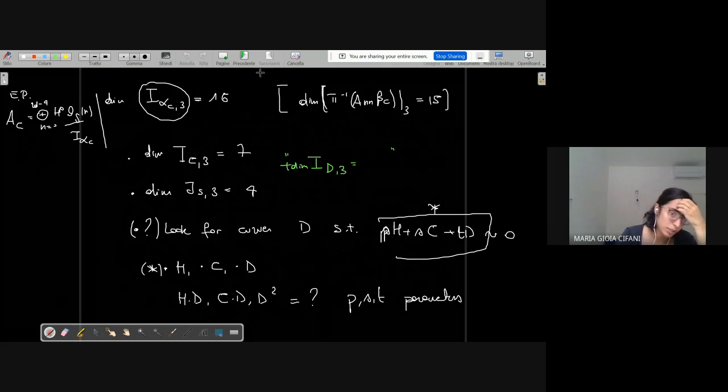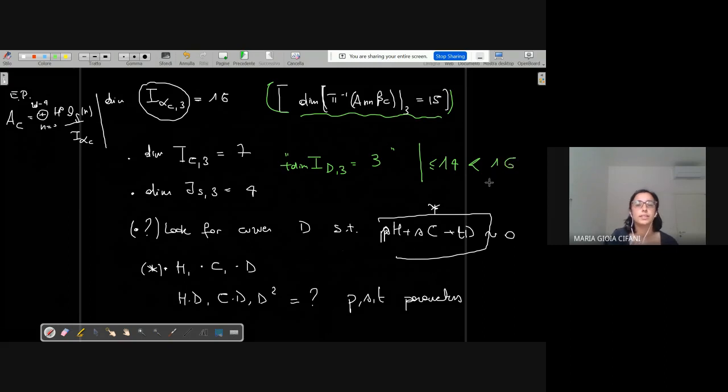So we have 4 cubics containing both, so 3 left. So here we have at most 14, because we are not checking if one of these, for instance, is already containing C or D. It is not enough even for the pi-1 of the annihilator, but this is just an observation. It is really lower than 16.